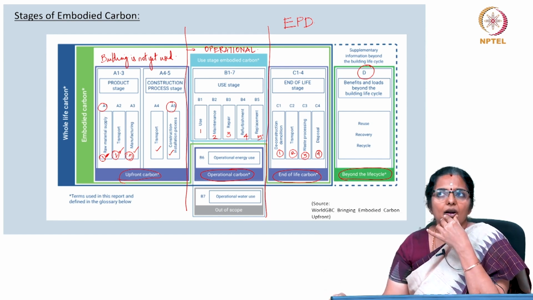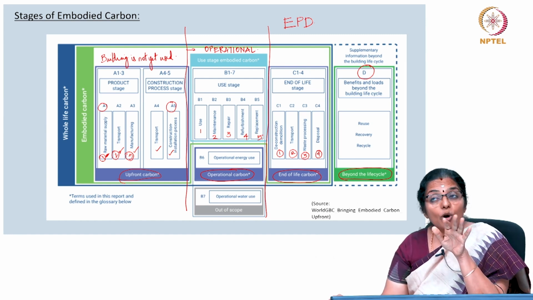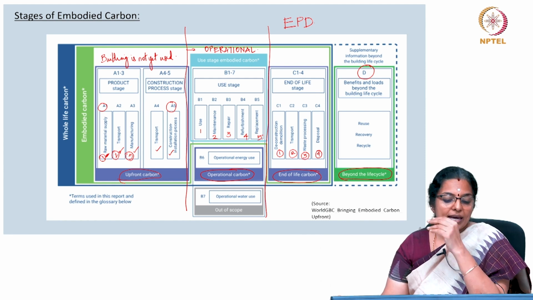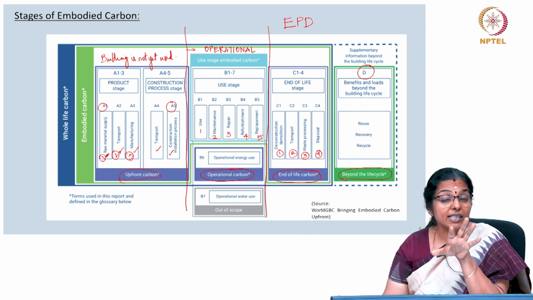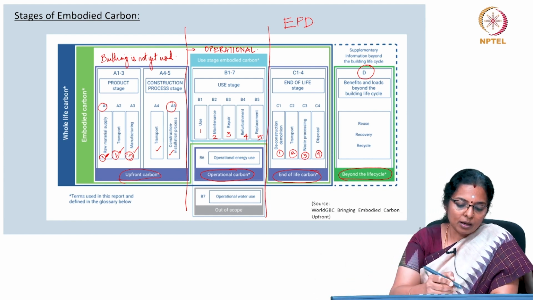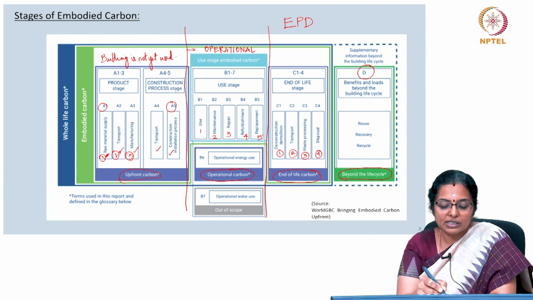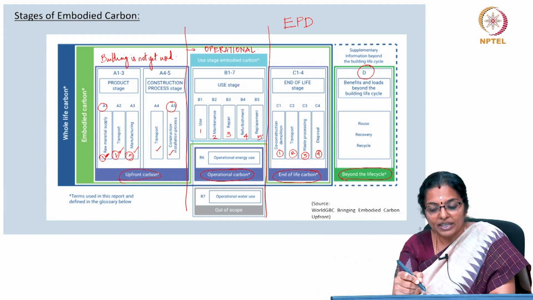Today we saw the definition of embodied energy, or rather embodied carbon, the significance of embodied carbon, and what comprises embodied carbon, with examples, and the stages of embodied carbon. The stages are the product stage, which is raw material supply, transport and manufacture, then the construction process stage, then operational carbon.